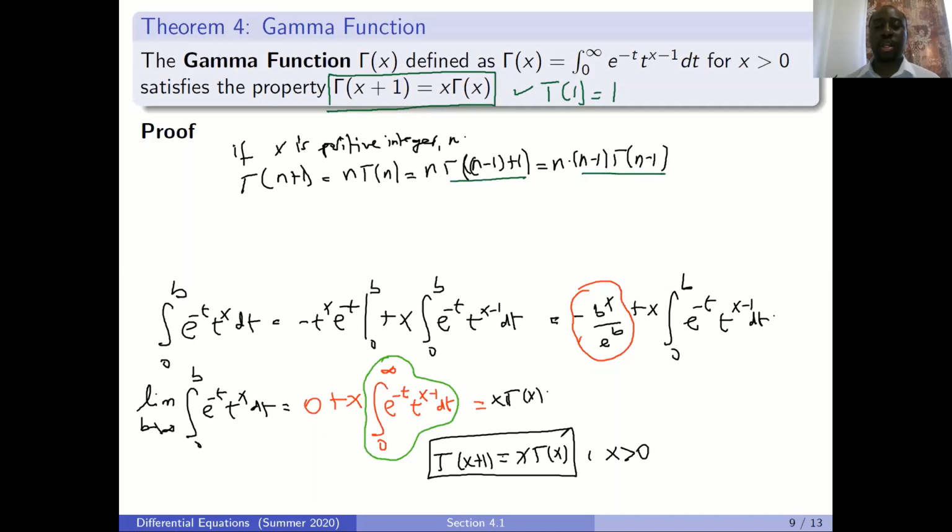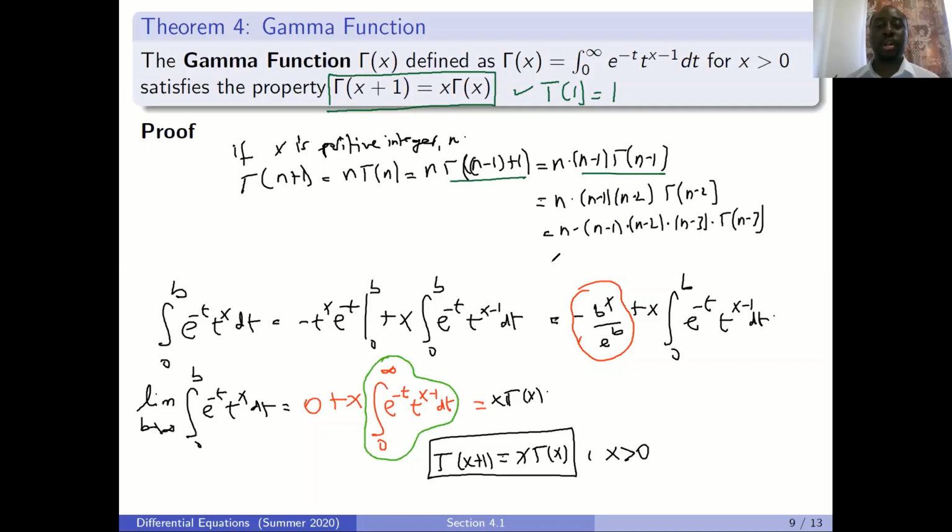If we keep breaking this down, this will now be n minus 2 plus 1, and so this will give us n times n minus 1 times n minus 2 times gamma of n minus 2. Then if we write this as n minus 3 plus 1, we have n times n minus 1 times n minus 2 times n minus 3 times gamma of n minus 3.